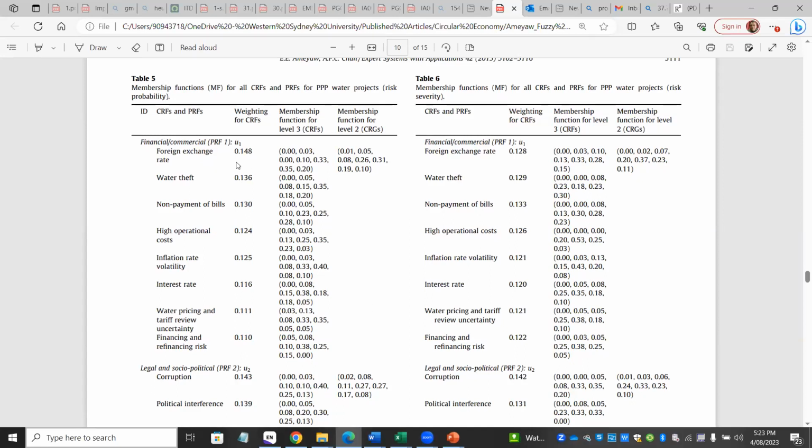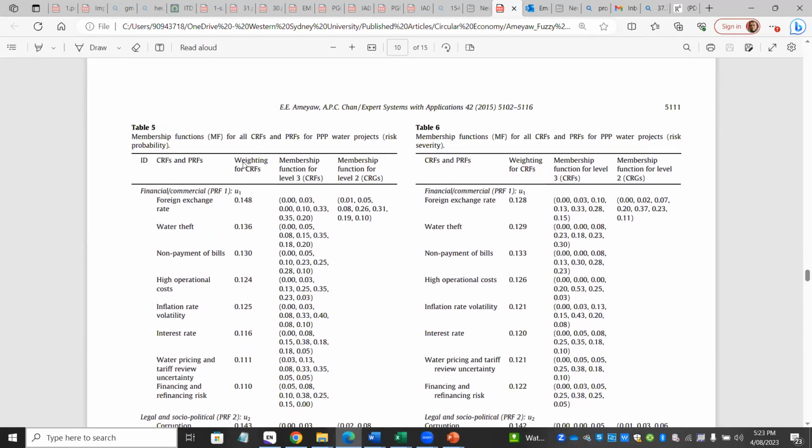Okay, so this is for probability of occurrence for group 1, the weightings, and these are their membership functions.